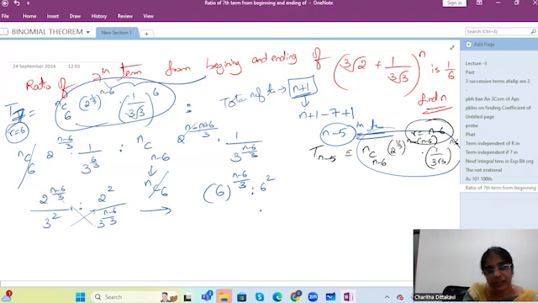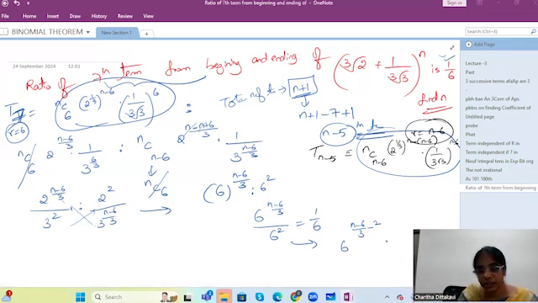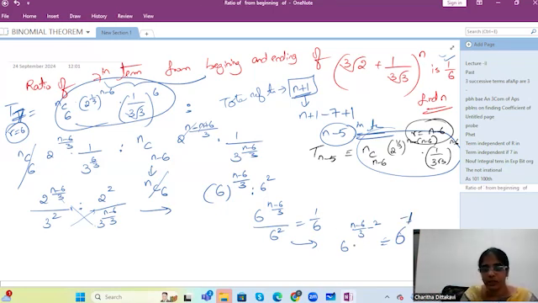Now they gave as a condition that the ratio of these two is 1 by 6. So from here, 6 to the power (n minus 6) by 3 minus 2, a power m by a power n, equals 6 to the power minus 1, because 1 by 6 is 6 to the power minus 1.